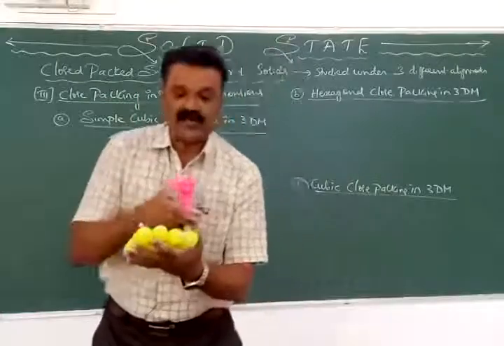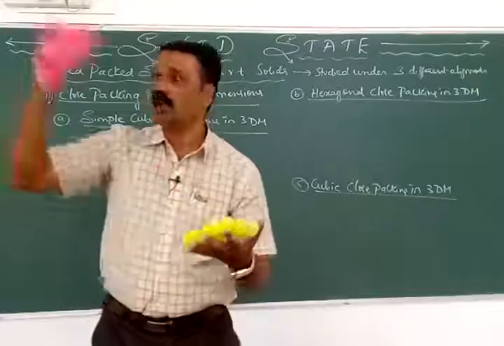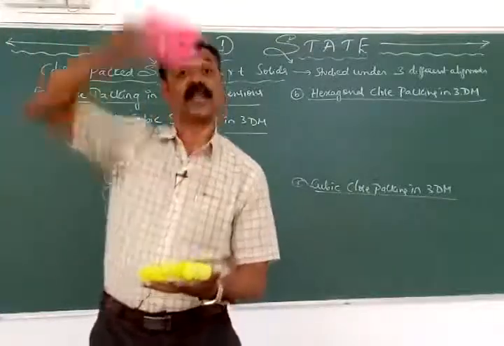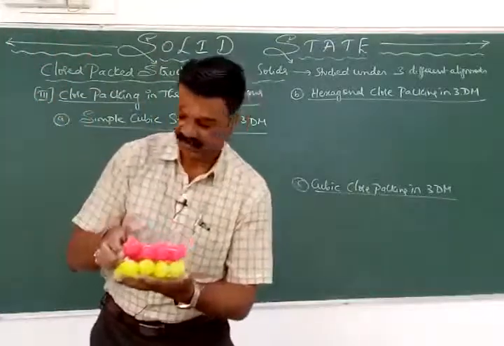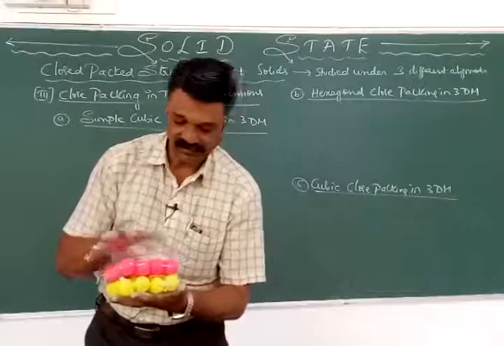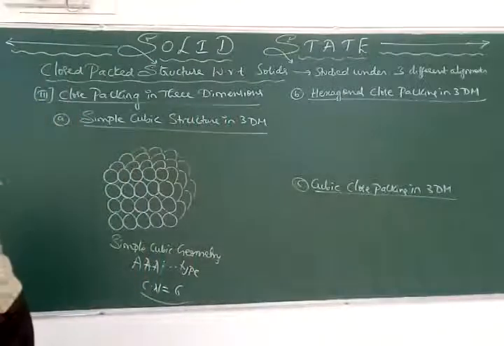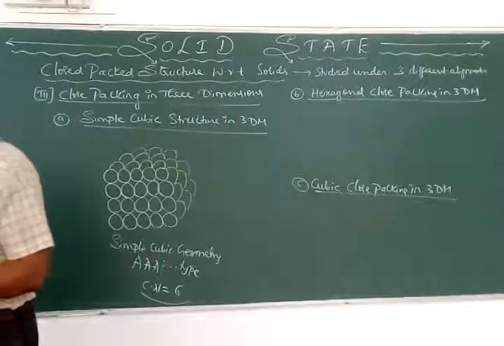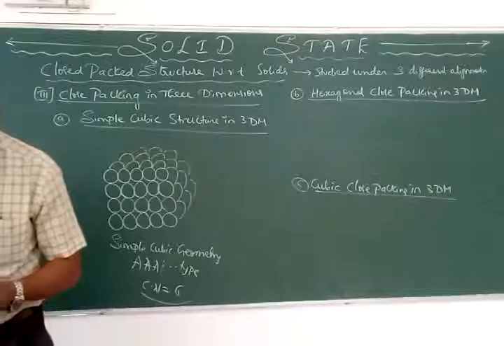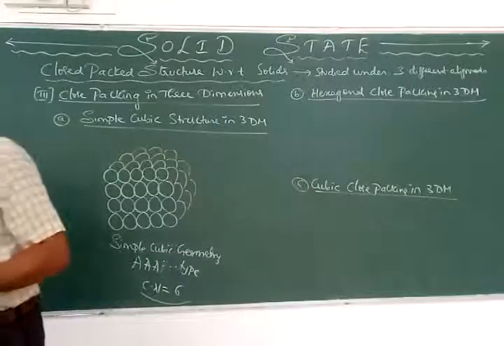Suppose if I align them, because first I arranged in the x axis, secondly I arranged in the y axis. Now the third one is along the z axis, like this. Or I can take another one also, no problem for that. We'll have this one first.